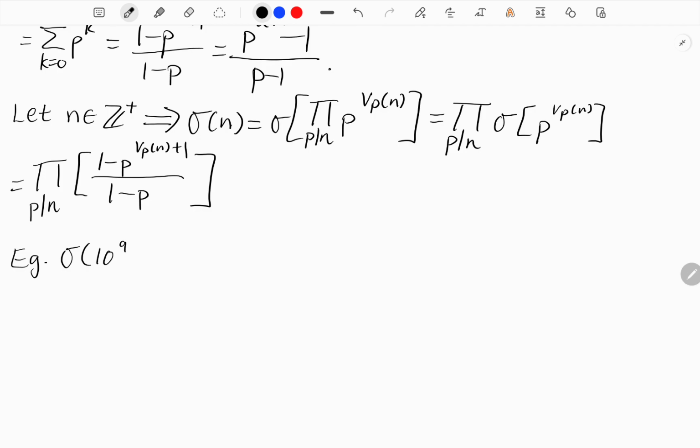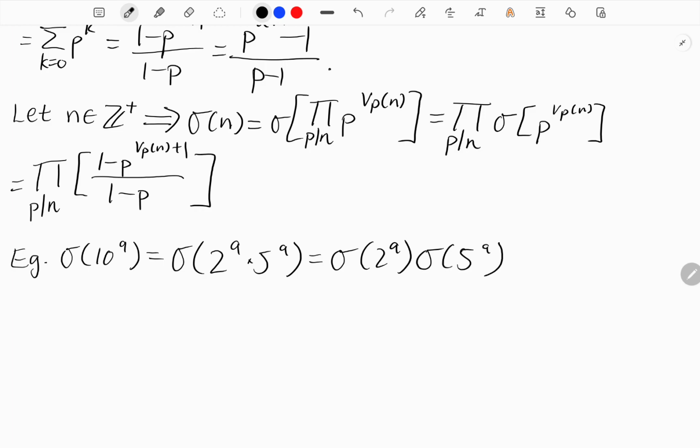Sigma of 10 to the power of 9 is equal to sigma of 2 to the power of 9 times 5 to the power of 9. But because sigma is multiplicative, this is equal to sigma of 2 to the power of 9 times sigma of 5 to the power of 9.